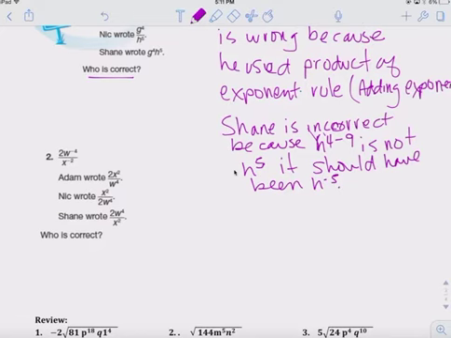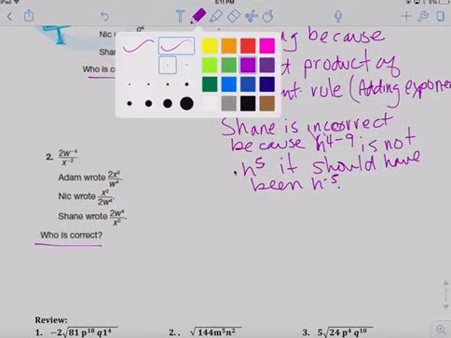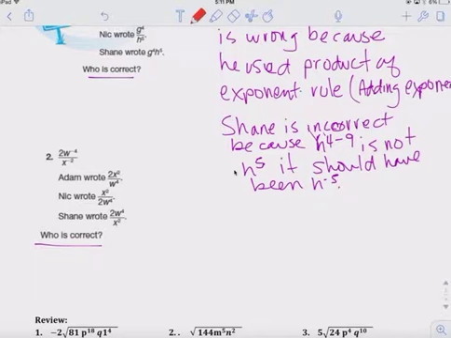Okay, so same thing here. Who is correct and why? Why is the other one wrong? Okay, who is correct in this case? Adam, right? Because 2 stays on top, w comes down because it's a negative exponent to turn into positive.